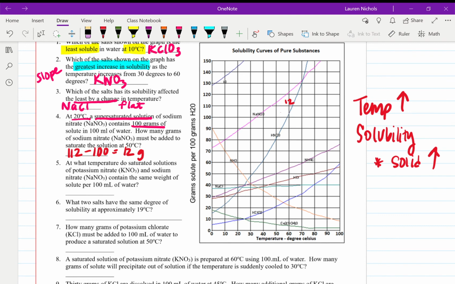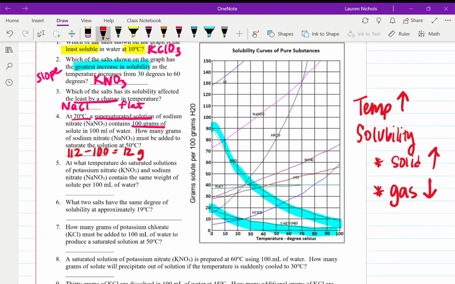However, there are a few here on our graph, like NH3 and cesium sulfate, that are sloping downwards, and that is because they are a gas, because as your temperature goes up, the solubility of your gas decreases.